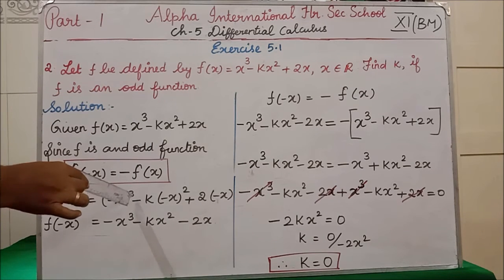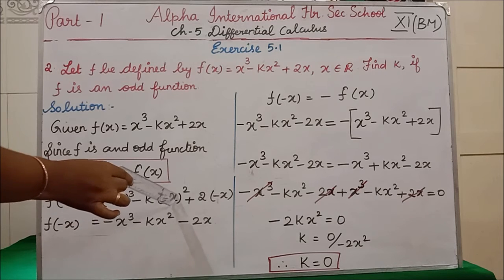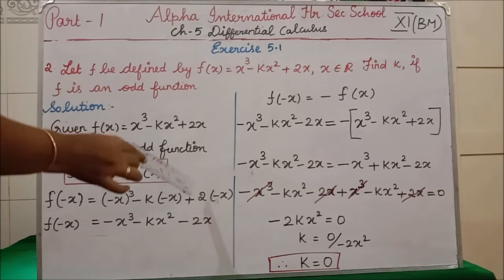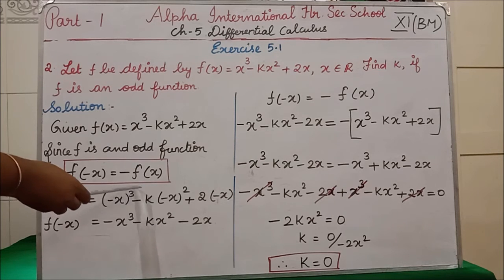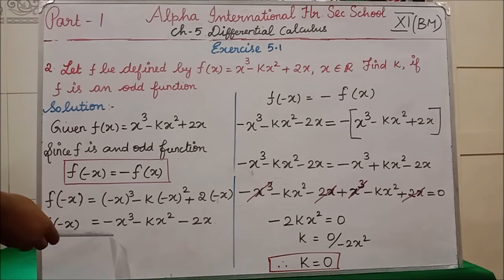So minus x the whole cube, minus k into minus x the whole square, plus 2 into minus x. Now minus x the whole cube means what? Minus x into minus x into minus x. So we will get minus x cube only as the answer. So students, if the powers are odd numbers, you will get the negative sign.